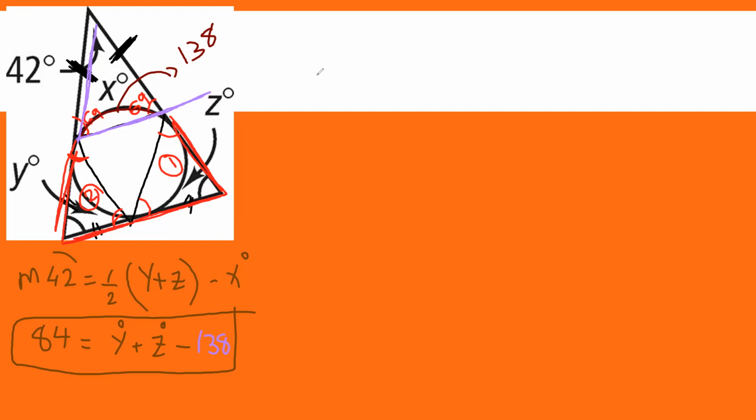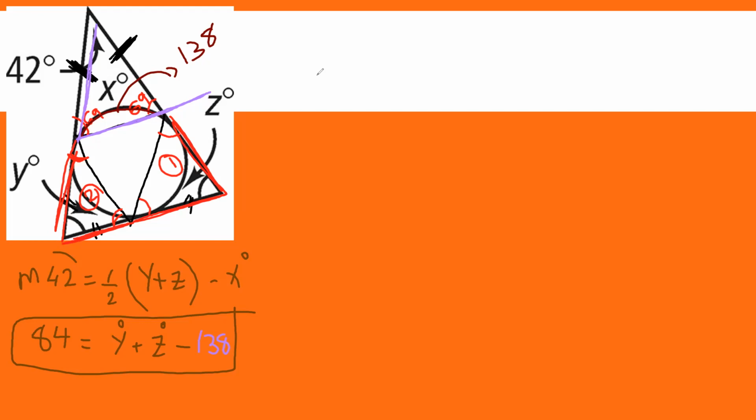It's because y and z need to be equal since the big triangle is an isosceles. Aren't y and z supposed to be congruent because the big triangle itself is isosceles, so the two base angles need to be the same?